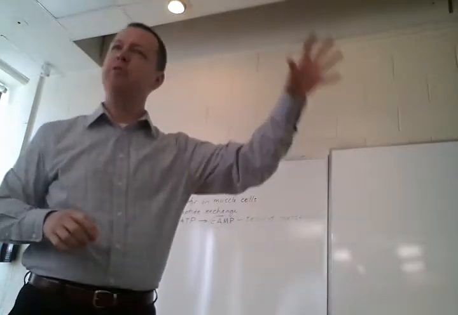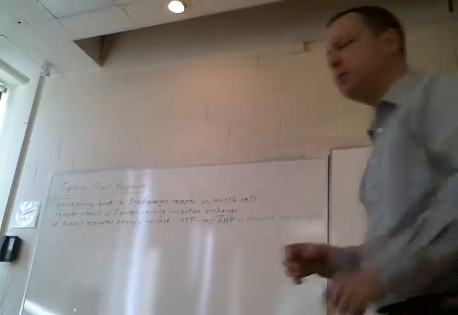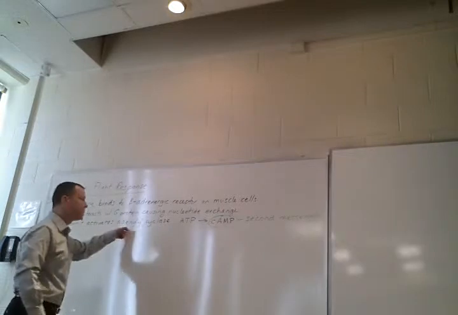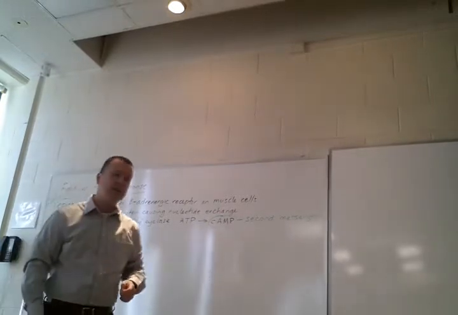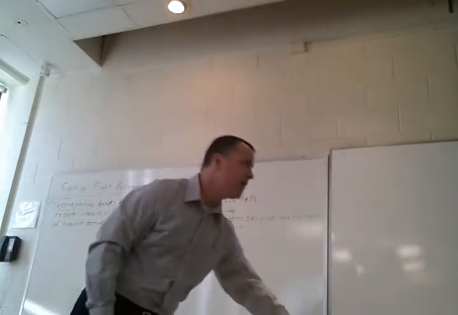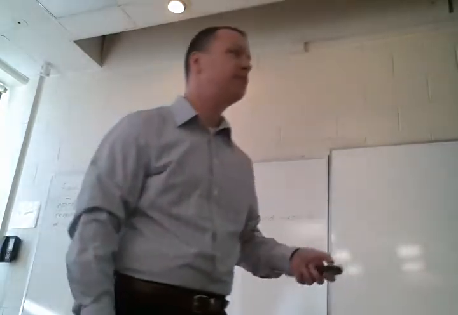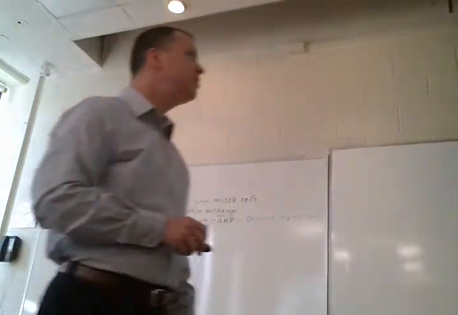Okay, so we have the epinephrine binding to the receptor binding to G protein, causes nucleotide exchange, activates the G protein, alpha subunit activates adenylyl cyclase, which runs this reaction and makes lots of cyclic AMP, our second messenger. Okay, what is that second messenger going to do?